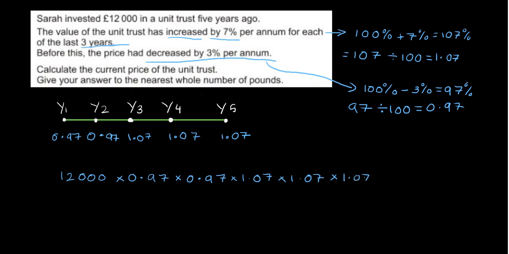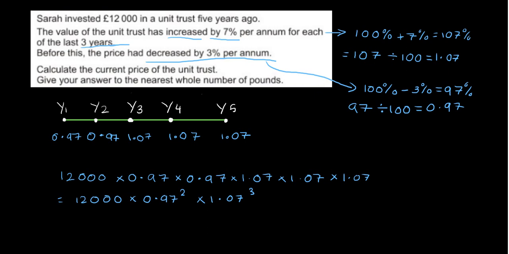You can also write this as 12,000 times 0.97 squared times 1.07 cubed. You could also use the year on year method, so you could work out the end of year 1, end of year 2, and so on. This is just going to save us some time.